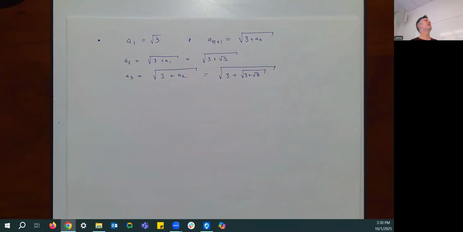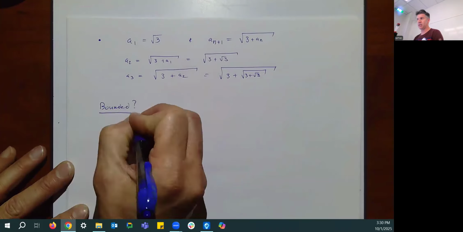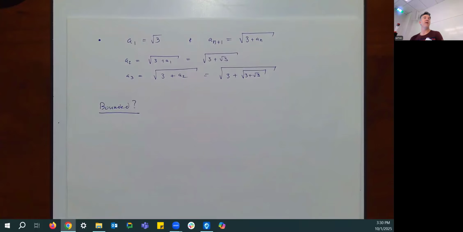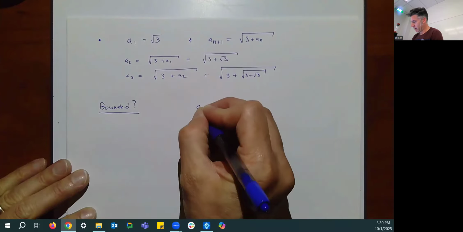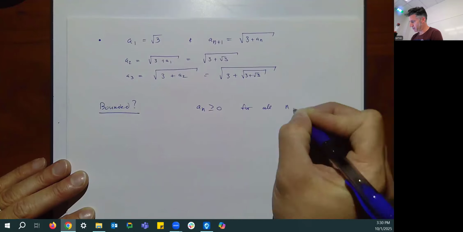What seems like the easier thing to me first: is it bounded? Usually one side of the bounding is pretty easy. It's definitely always bigger than or equal to zero. Certainly, a sub n is bigger than or equal to zero for all n.